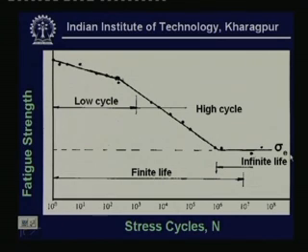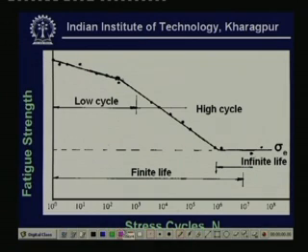And at the same time, we have also noted one situation: in case we consider this type of fatigue strength and stress cycles for materials of non-ferrous and their alloys, then I think we plotted a graph like that.